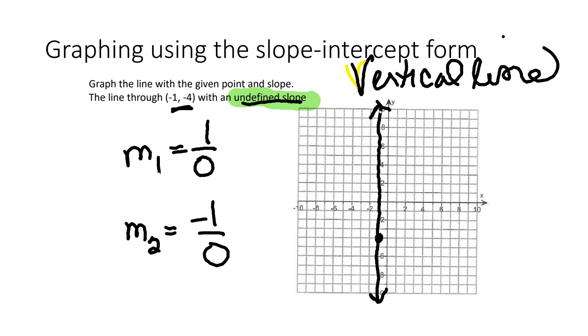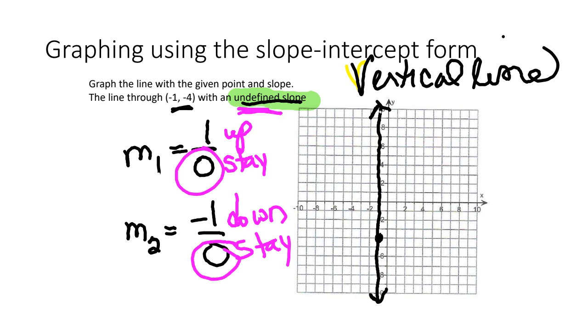There's no right or left. This is saying I'm going down, but I'm staying on the vertical line. This 0 is the undefined fraction.